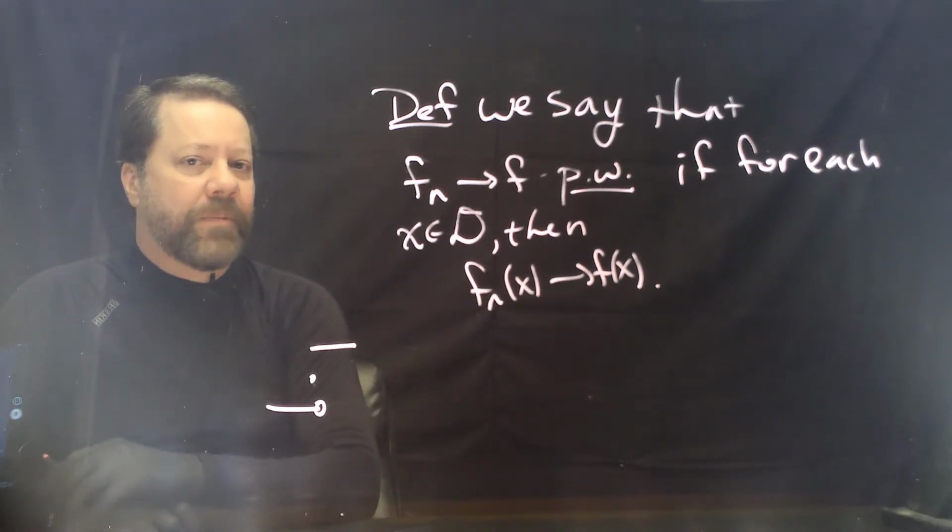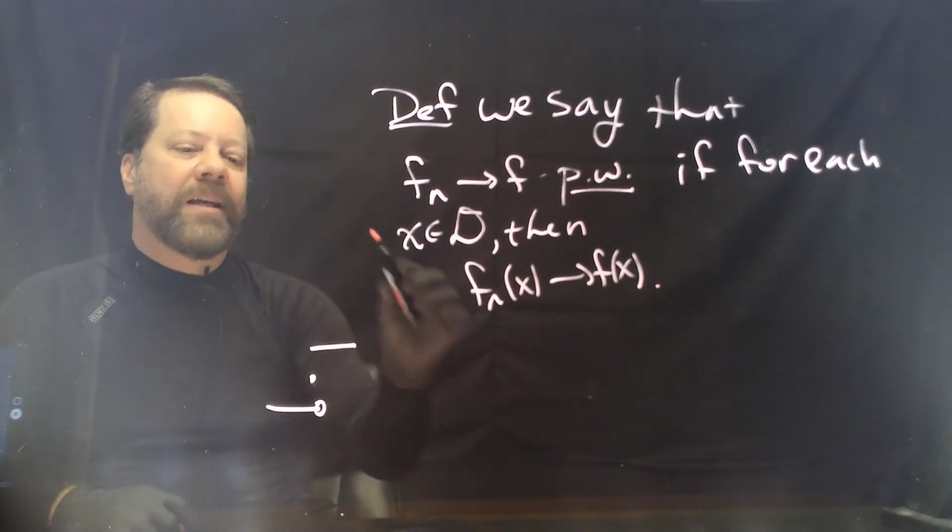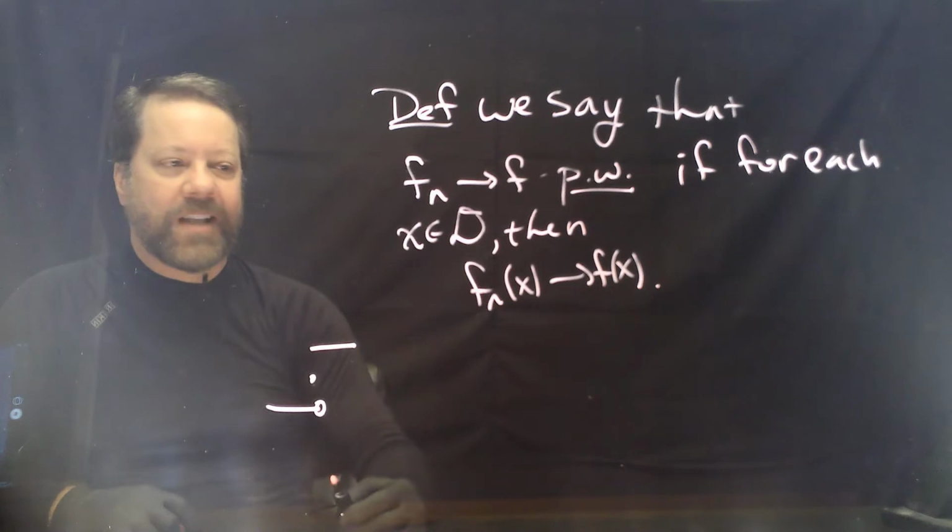There is another form of convergence, pointwise almost everywhere, and so that would be pointwise everywhere except on a set of measure 0.